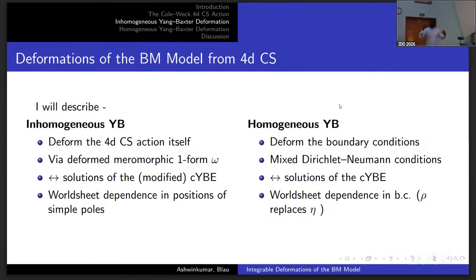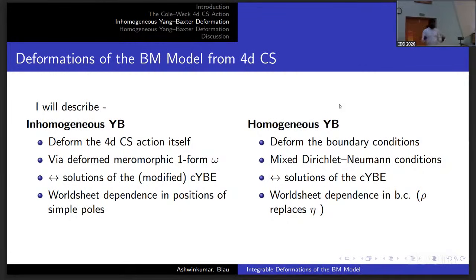And so I will describe the inhomogeneous Yang-Baxter and homogeneous Yang-Baxter deformations from 4D Chern-Simons theory. As I mentioned, here there is a branch cut defect that is worldsheet dependent. So now when we deform the boundary conditions, there should be some worldsheet dependence in these boundary conditions. To be precise, for the inhomogeneous case, we deform the meromorphic one form.